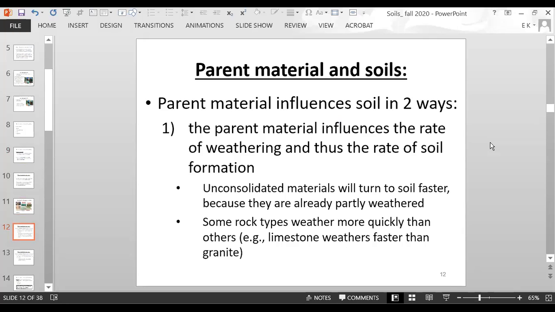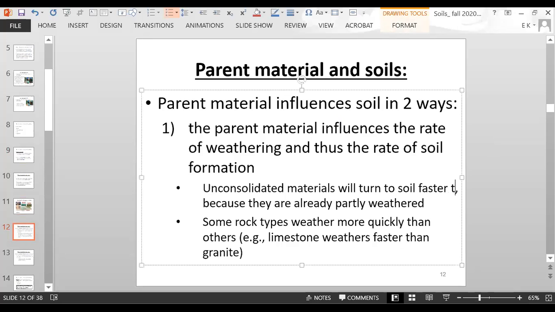But bedrock is going to take longer to weather because it's a full solid piece of rock. Some rock types weather more quickly than others. So that's another way that the parent material influences the rate of weathering. For example, limestone weathers faster than granite.